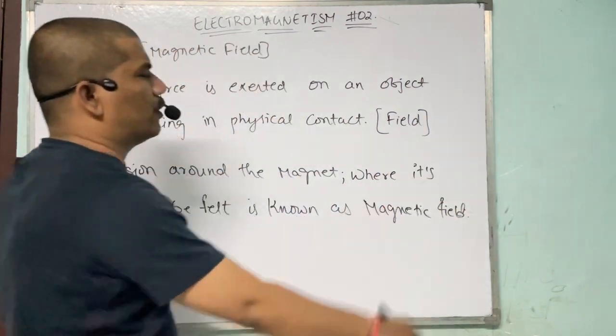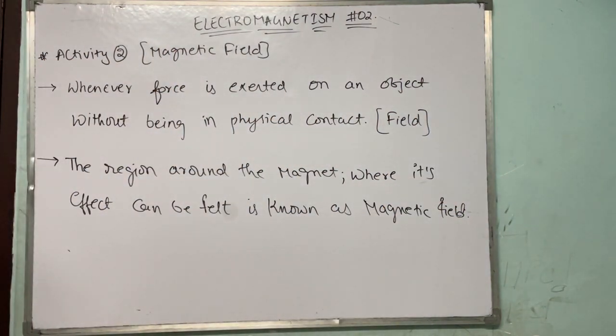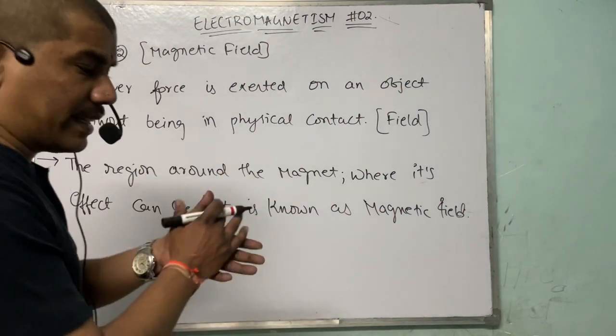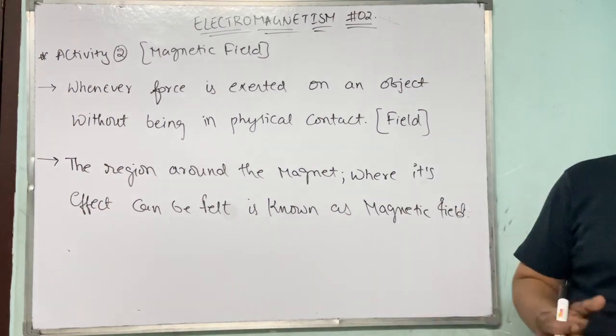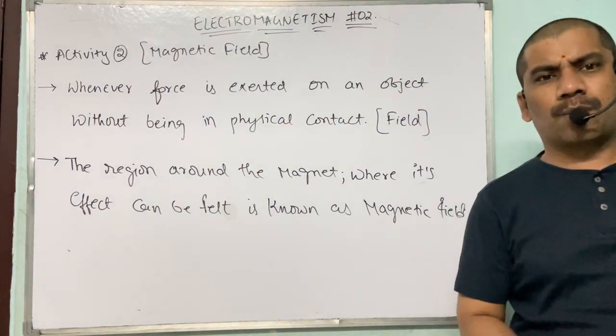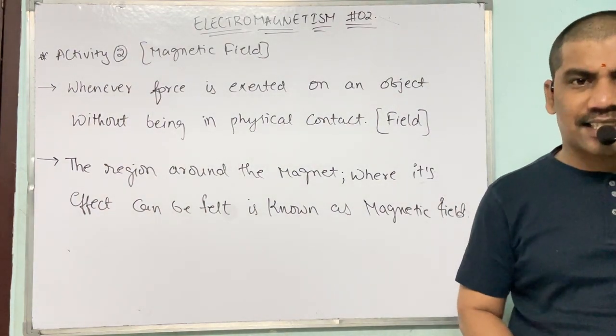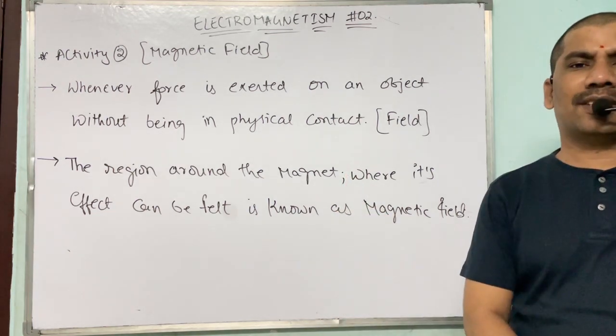Is it clear, all of you? So, the region around a magnet where the magnetic effect can be felt on another object which is magnetic in nature is known as magnetic field.